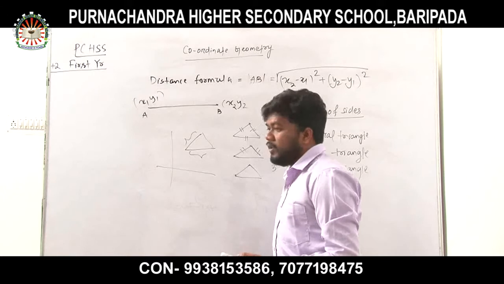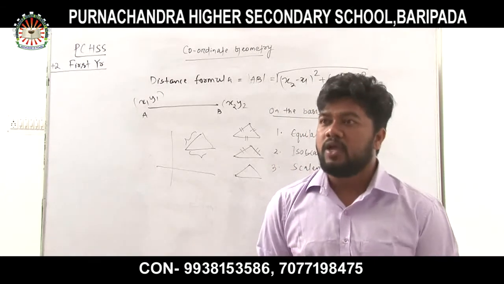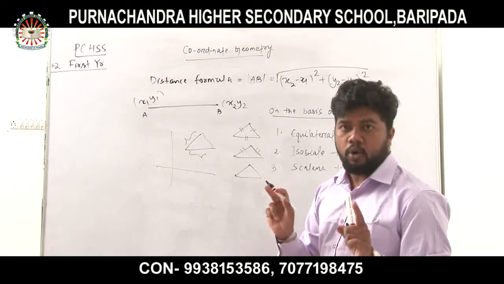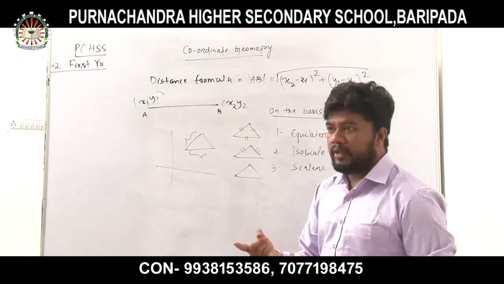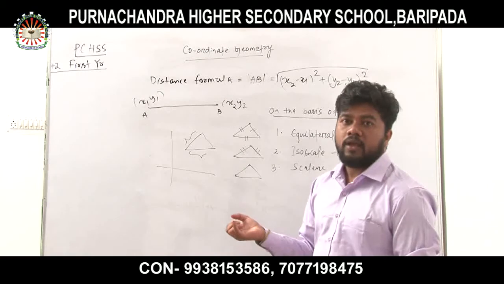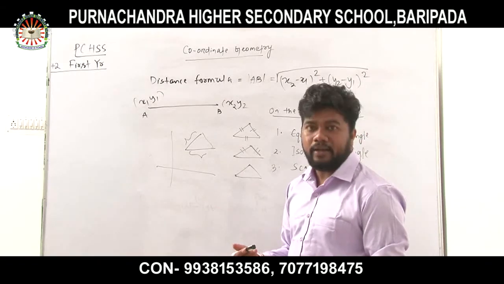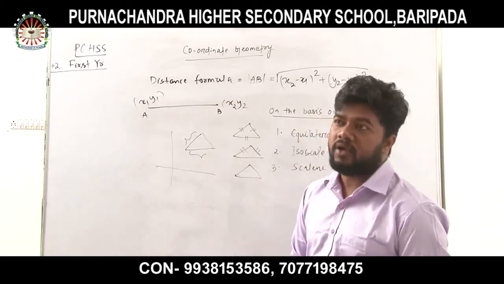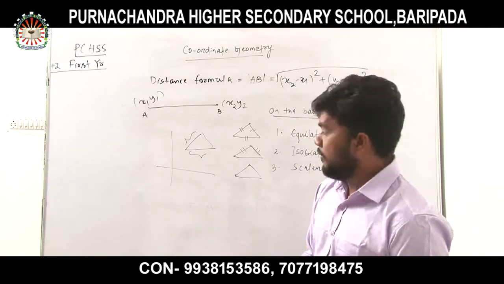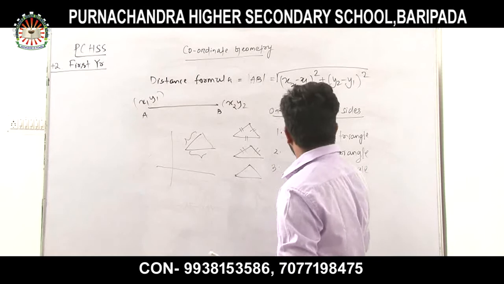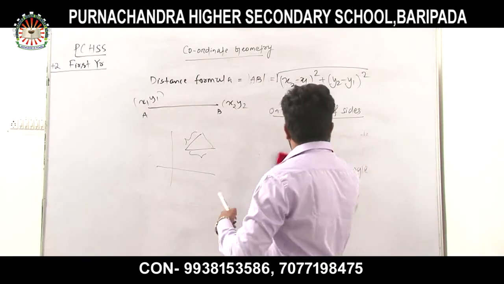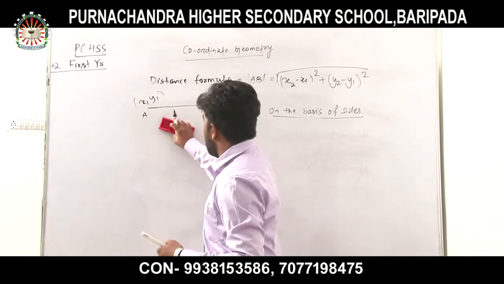Now, if you have 4 points, you find what type of quadrilateral is made by these 4 points. Okay, it may be a square, it may be a rectangle, or a parallelogram, or a rhombus. You know the basic property of this quadrilateral.